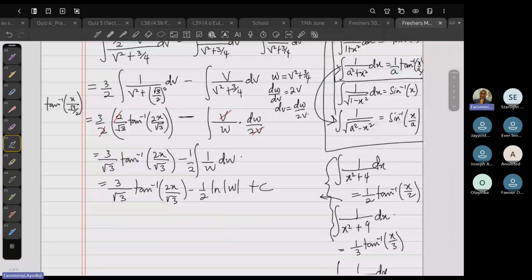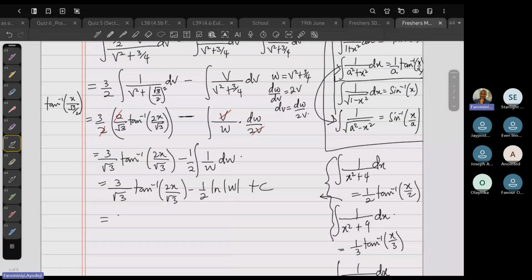So we start with W because everything must be in terms of X. So this is 3 over square root of 3 tan inverse of, this should be V, not X. So 2V over square root of 3 minus half natural log of, what is W? V squared plus 3 over 4 plus C.